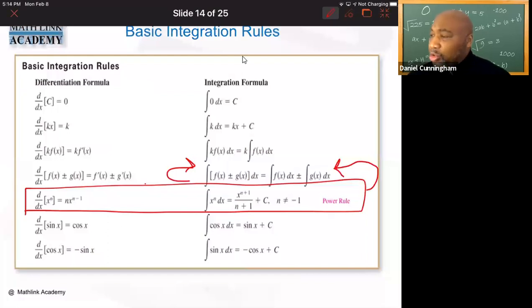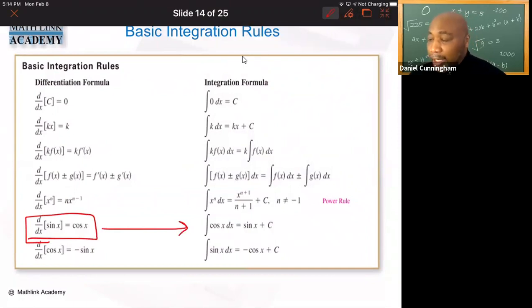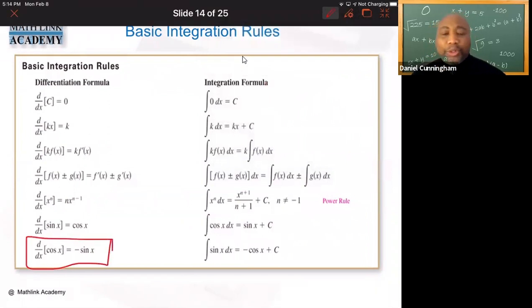We understand that the derivative of the sine is cosine. So if we take the integral of the cosine, it's going to equal the sine of x plus c. Again, don't forget there's a plus c. We know that the derivative of the cosine of x is equal to the negative sine of x.